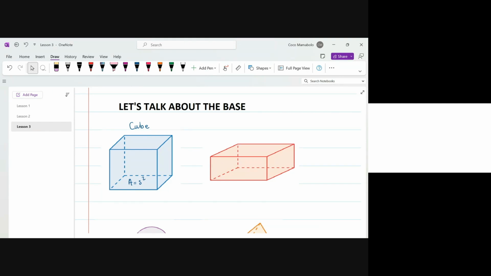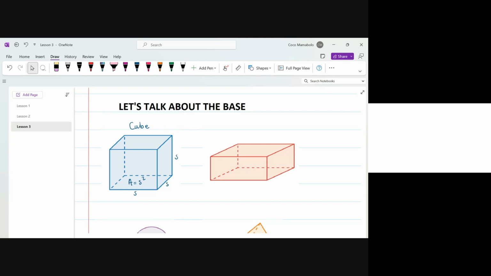Because we know that a cube is the same all the way around, my perpendicular height, my height going in this direction, is also going to be the same length as my side. Are we in agreement that my perpendicular height is also going to be a side?